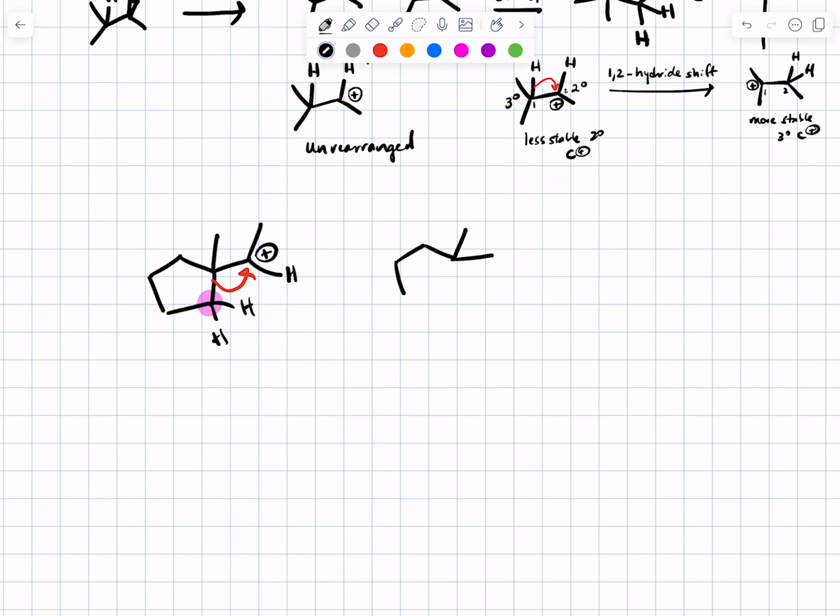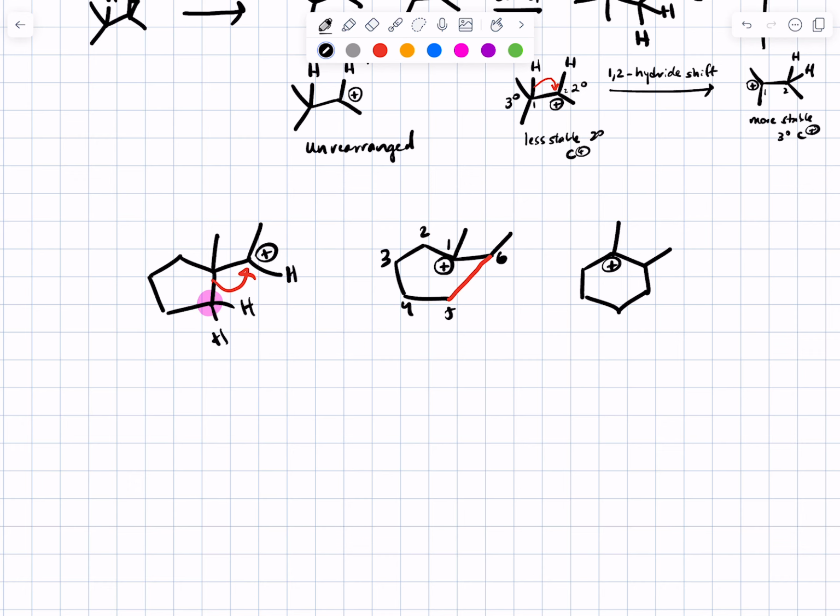I'm going to try to draw everything in the same way it was drawn. Here is the new bond. Here is the positive charge. 1, 2, 3, 4, 5, 6. We just expanded a 5-membered ring into a 6-membered ring, and then other things can happen.